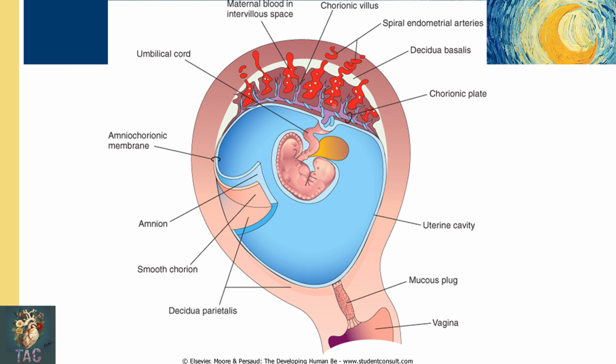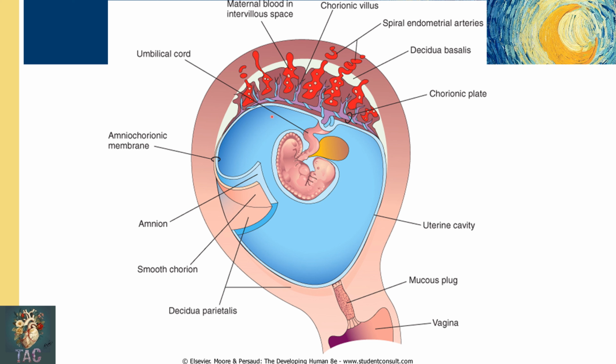So in this slide you can also see the developing placenta which is formed by the chorion frondosum and the decidua basalis, and also this is the chorionic plate where you can see the fetal blood vessels are present, which are connected to the vessels in the umbilical cord, giving the oxygenated blood to the fetus and carrying deoxygenated blood from the fetus to the placenta.